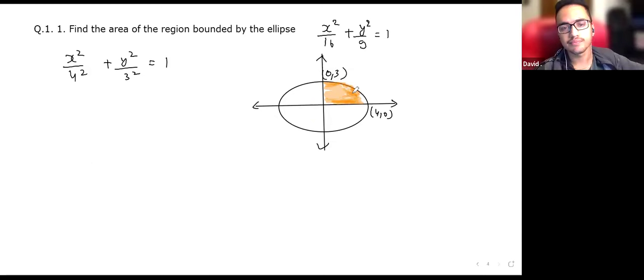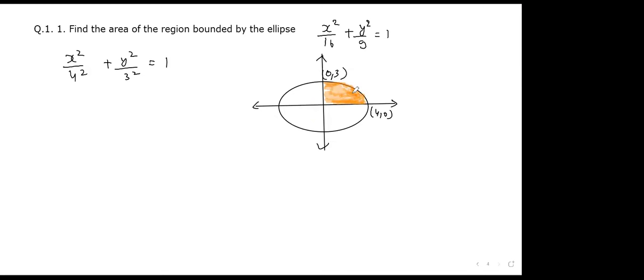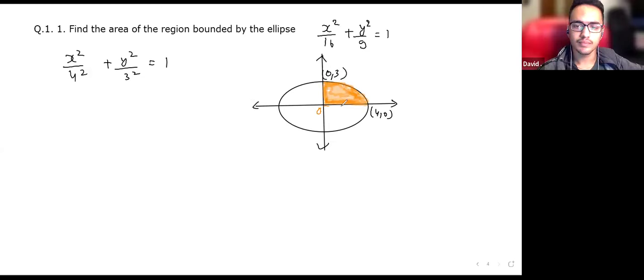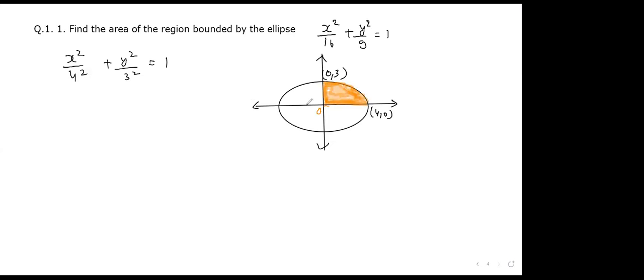If we have a symmetric figure, we just find the area of one part and then double, triple, or fourfold it according to the requirement. So we shall find the area of this region from 0 to 4 in the first quadrant, and then multiply by 4.